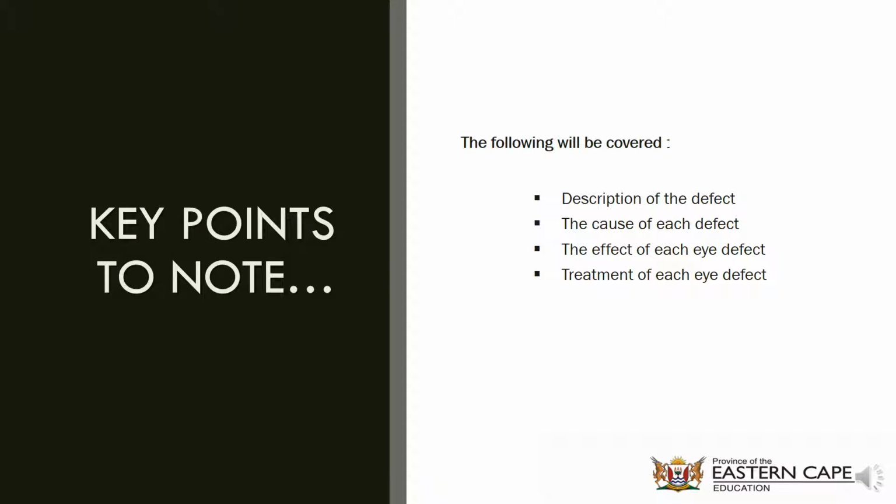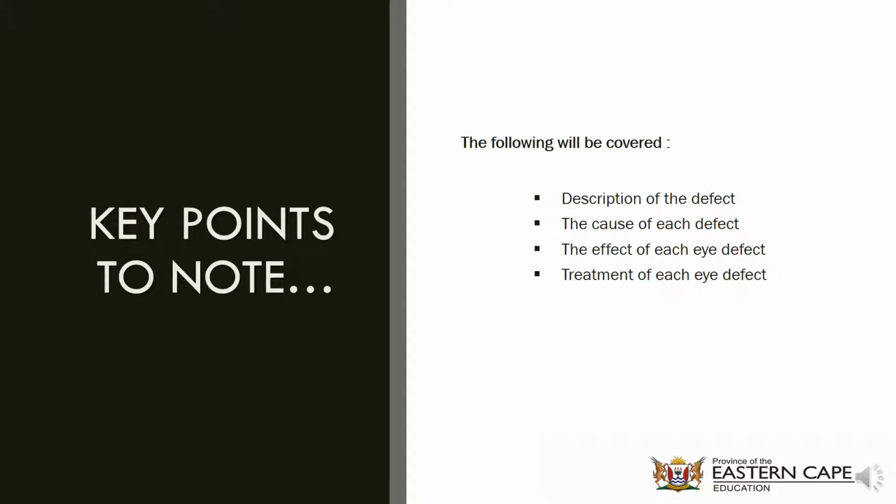As we're covering this section, and you know that we have those 4 eye defects that we're going to be covering, if you are presented with a question, you need to be able to do the following. You need to be able to describe the defect. What is it? How do we know that that person has got this particular visual defect?